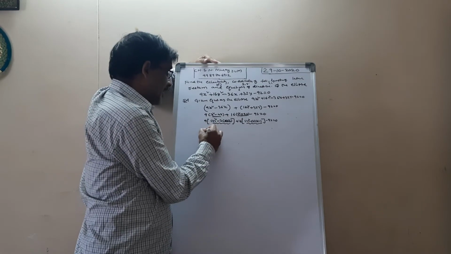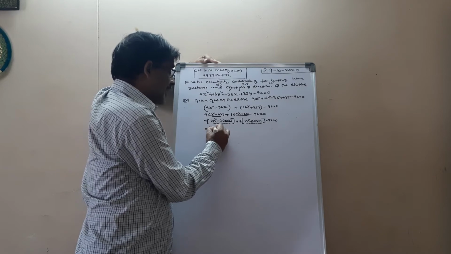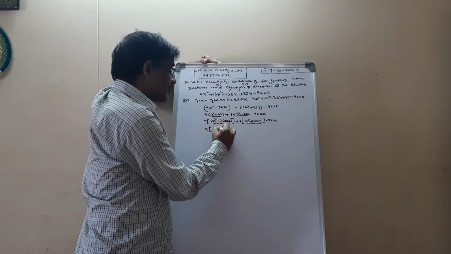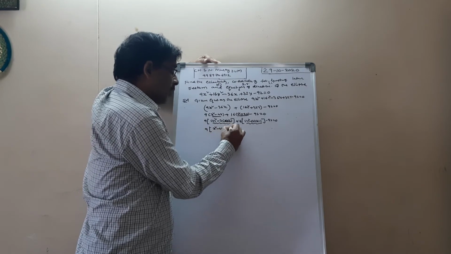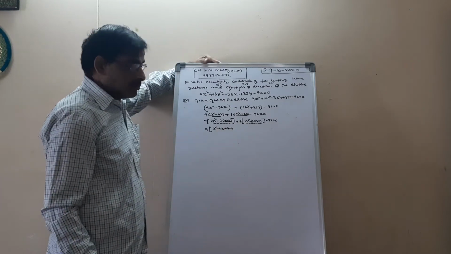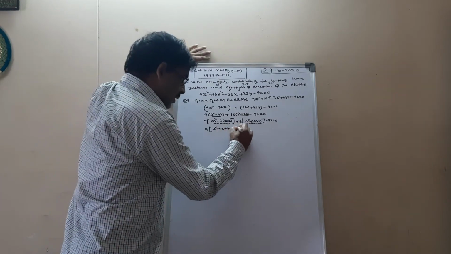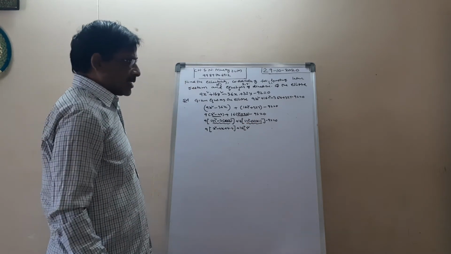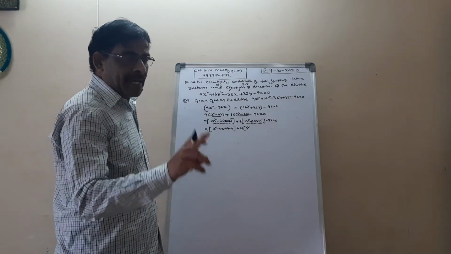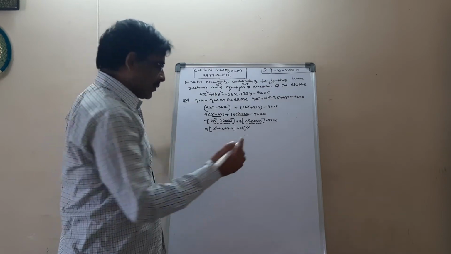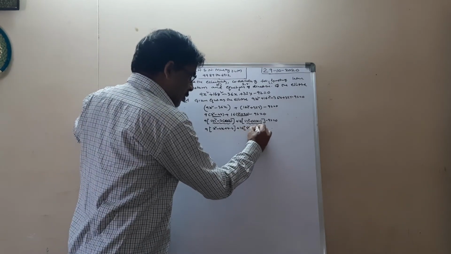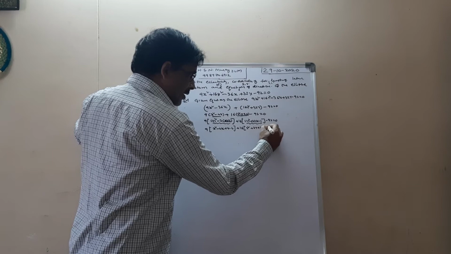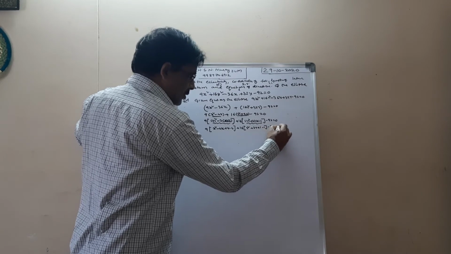It means 9 into x square minus 4x plus 4 minus 4. 16 into y. To make it a perfect square, we have to add 1, subtract 1. Then y square plus 2y plus 1 minus 1, minus 92 equal to 0.